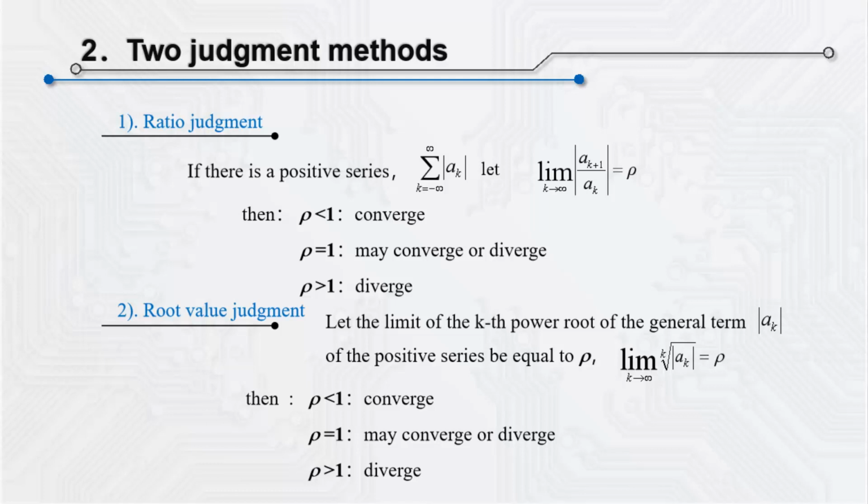That is, the corresponding region is the convergence domain of the Z transform. In the other cases, where ρ is equal to 1 or greater than 1, the sequence does not converge, which means that the Z transform does not exist.